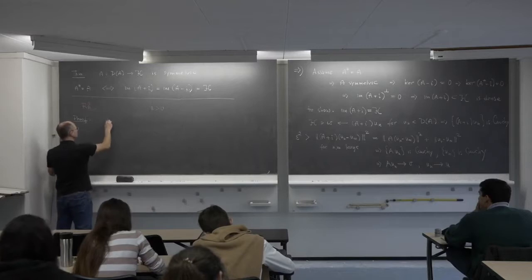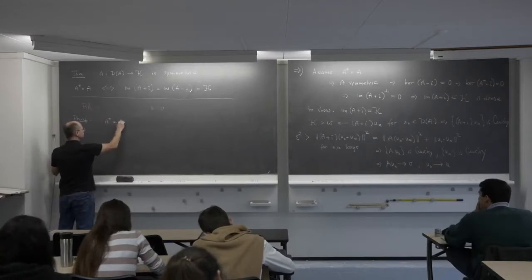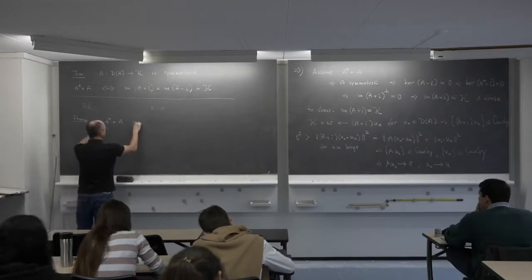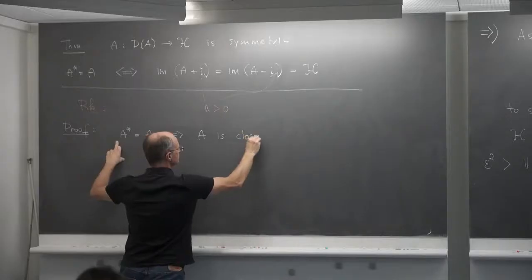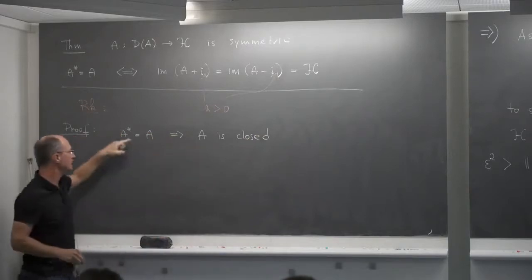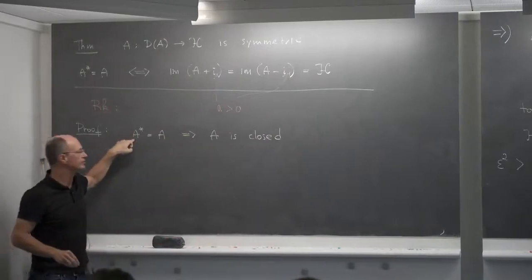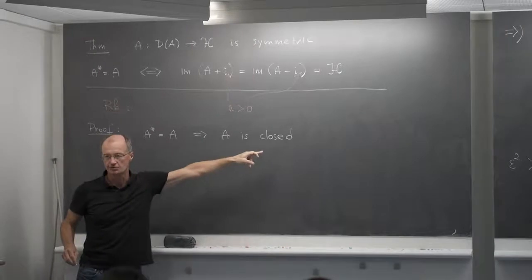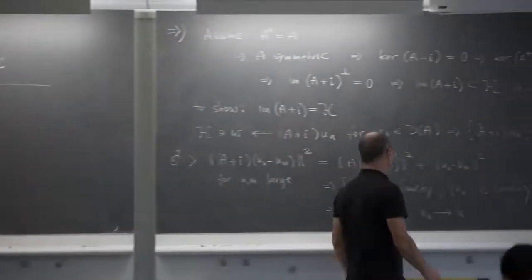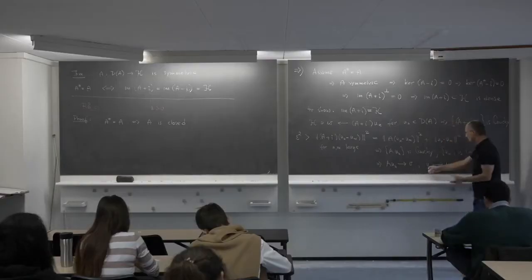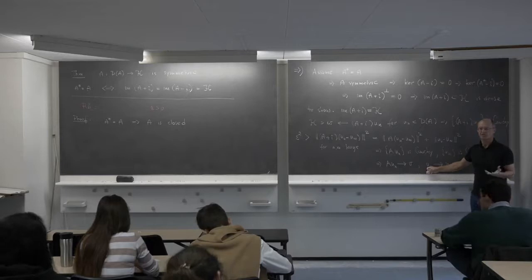So now let me recall that A star equal to A implies that A is a closed operator. Recall A star is always closed, so A is closed. Now, if you still remember from last time the definition of being closed, closed means the closed graph.